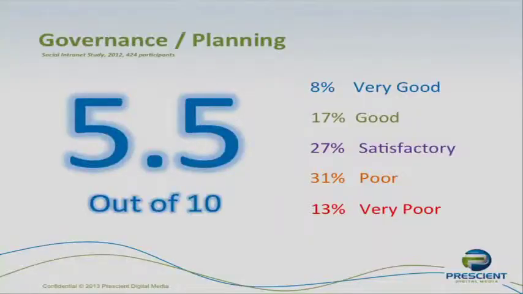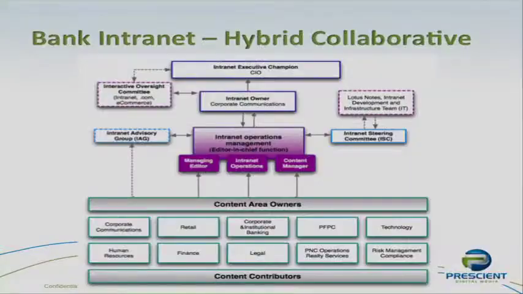Governance. Governance is a problem. This is typically why we're brought into the picture, because the site was good, but 2 years down the road, it's no longer good. There wasn't governance, there's no editor-in-chief, there's no proper processes, and suddenly things have gone a little haywire. So governance is an issue. Here's just an example of a governance model. No one governance model will work for everybody.